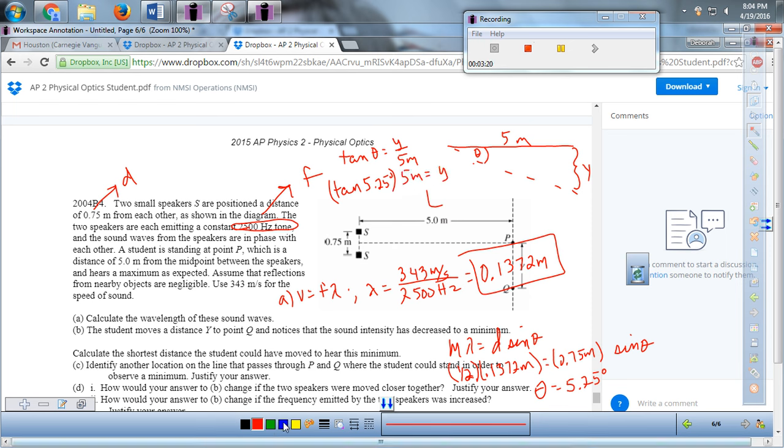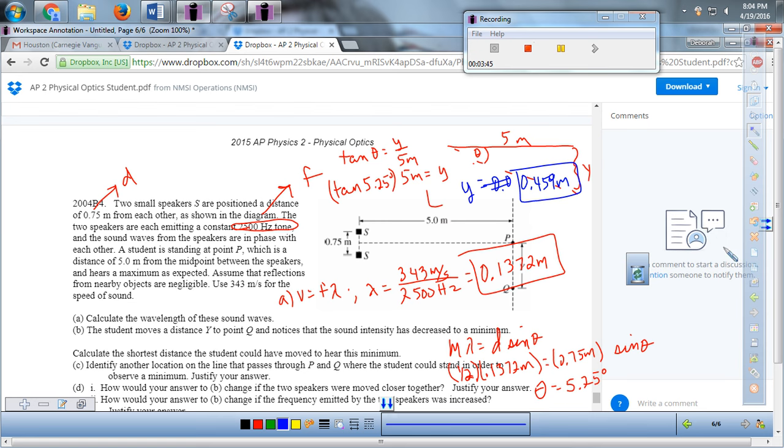Well, when I did that, I got y equal to 0.459 meters. So we moved about 46 centimeters, basically, which is not very far at all. Okay? All right, so we did part B.